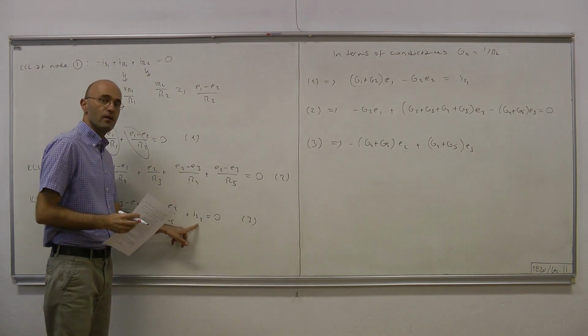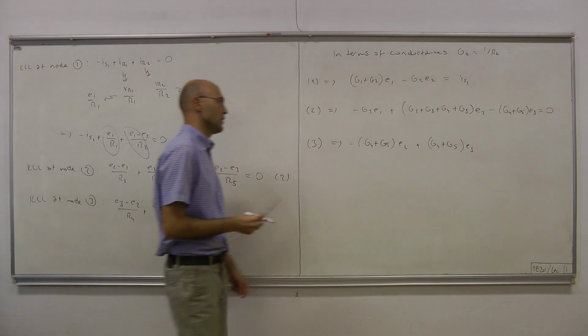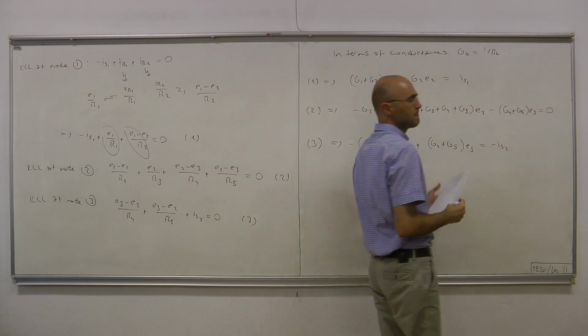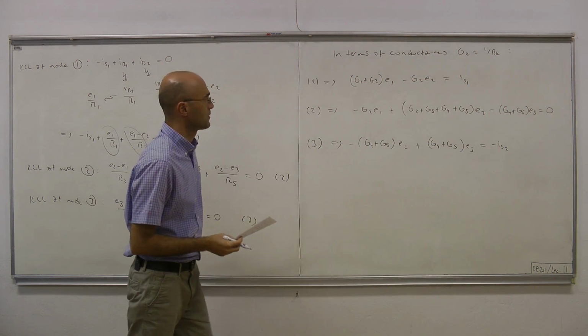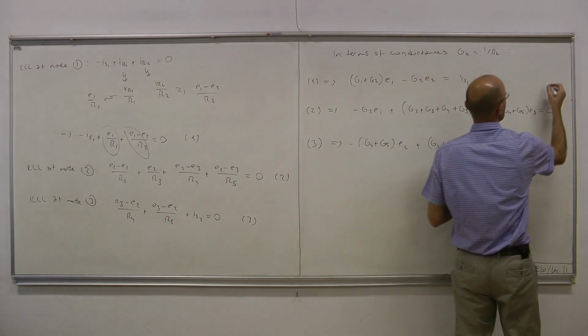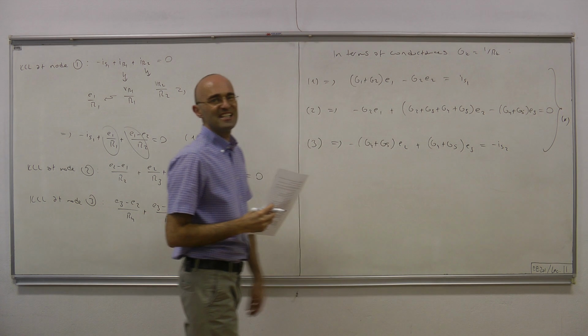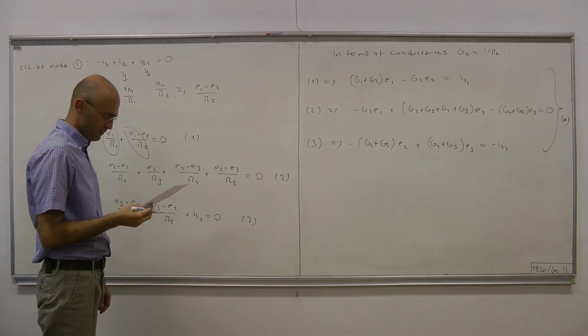And then we throw the known current to the other side. Equals minus IS2. Okay. Now this set, let's call it set of equations star.